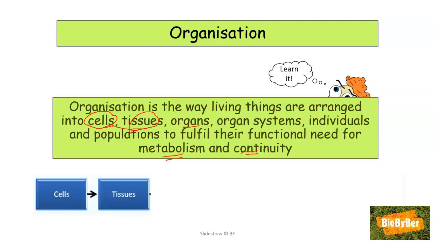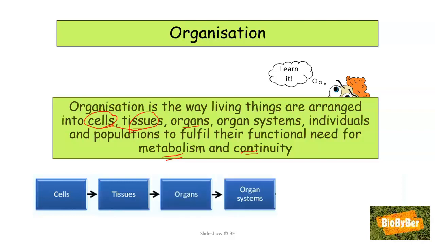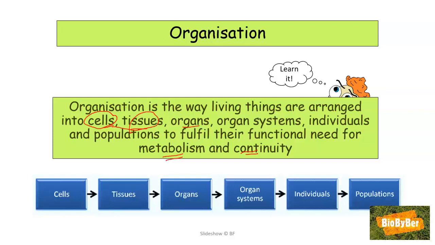Therefore, the idea that cells are organized into tissues and tissues are organized into organs, which are organized into systems, which form an individual, and a collection of individuals forming a population is a fundamental or basic concept behind the definition of a tissue.